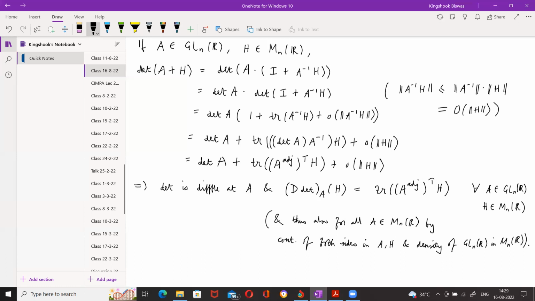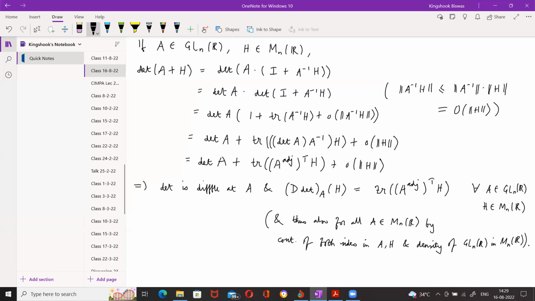Okay, is this all right? So this finishes the computation of the derivative of the determinant. And one thing I would like to say is that, yes, we know that for a map between Euclidean spaces, the determinant I can write in terms of the Jacobian matrix, del f_i del x_j, and so on.